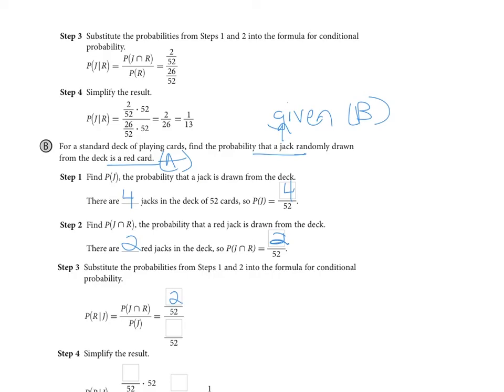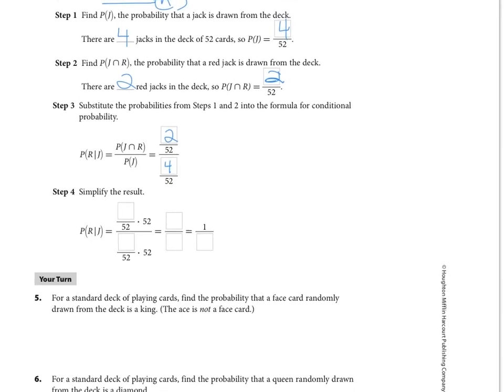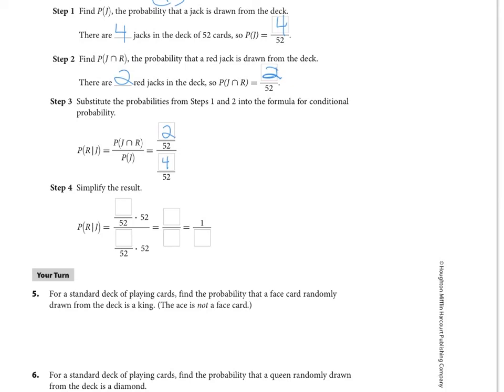In this case, we're looking for jacks, which are 4 out of 52. So if we scroll down here and simplify that result, 2 out of 52 times 52 is just 2, and 4 out of 52 times 52 is just 4. Notice that's the same strategy we used before, multiplying the numerator and the denominator by that common denominator of 52, and we simplify that to 1/2.